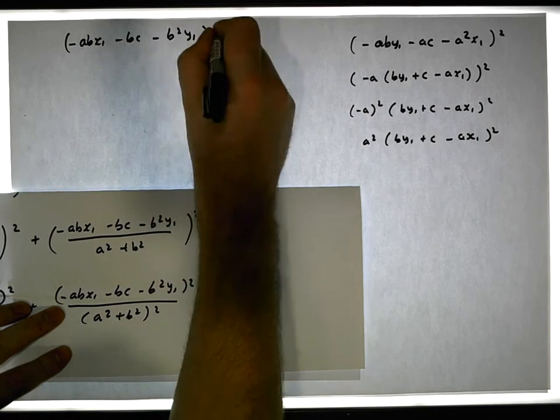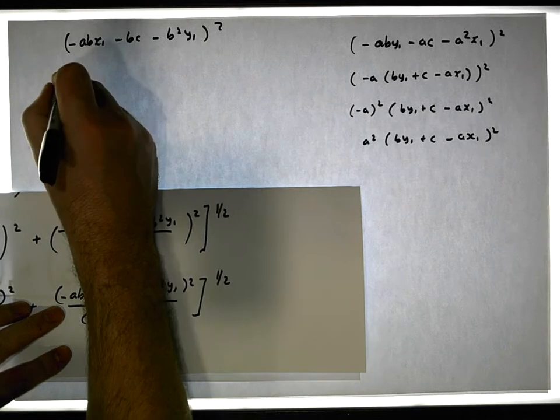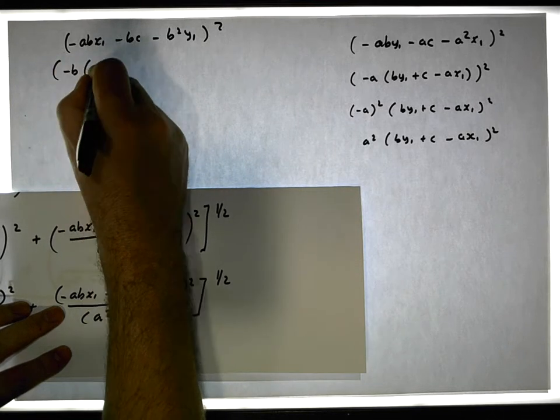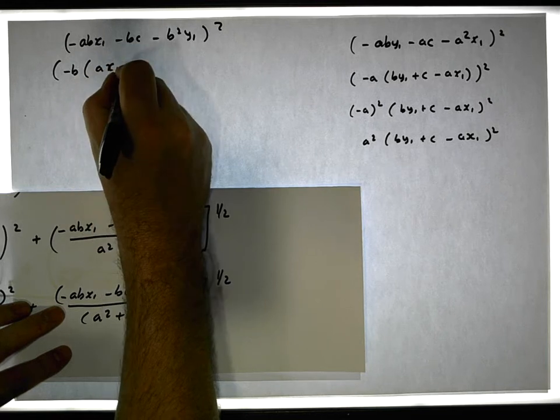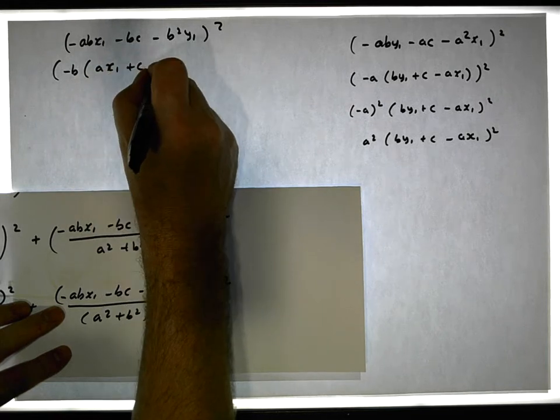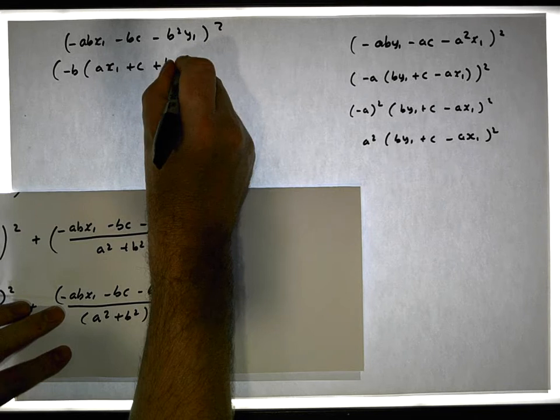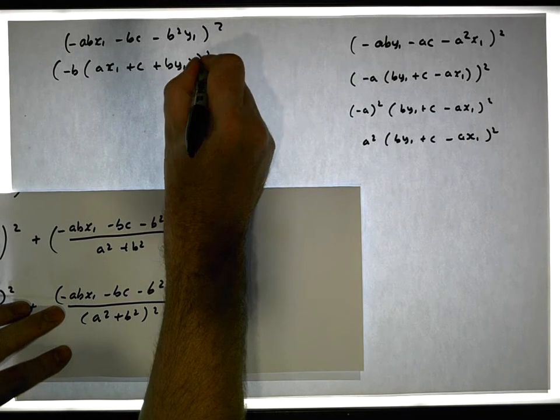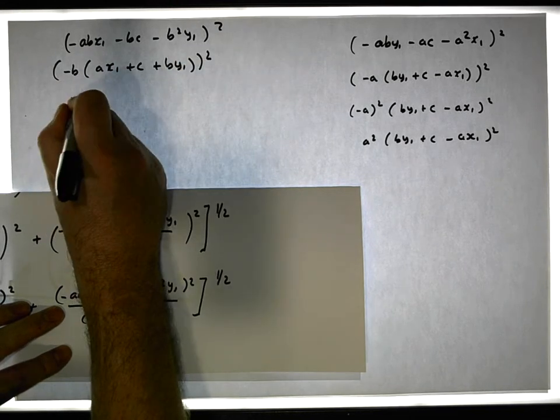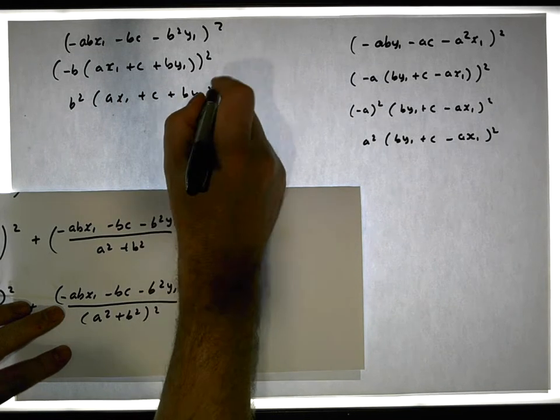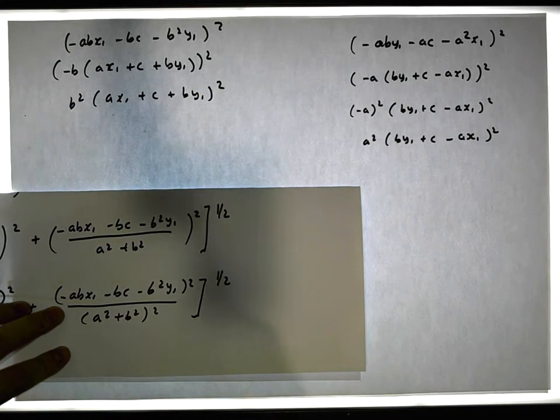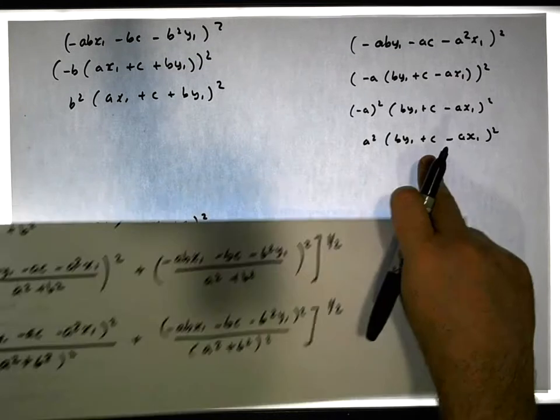As I said, we take out a minus b this time, so that's a minus b times an ax1 plus a c plus a by1, and that all needs to be squared, which gives us, once again, b squared times ax1 plus c plus by1 squared, which is what we had previously, but this time we took the b's out.